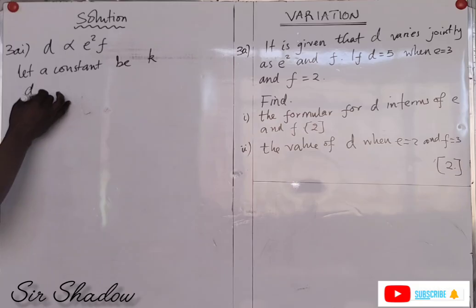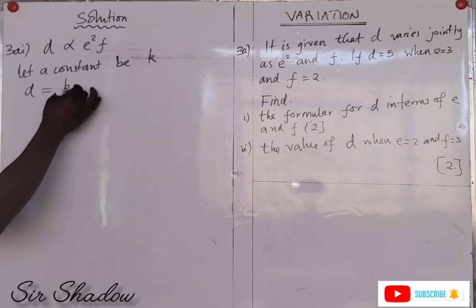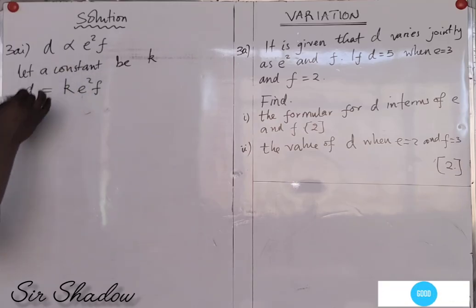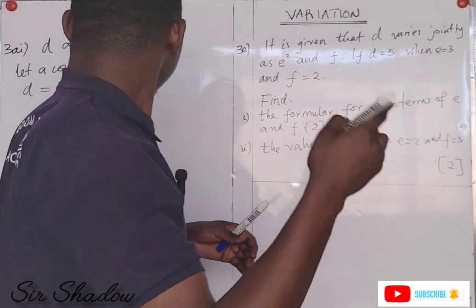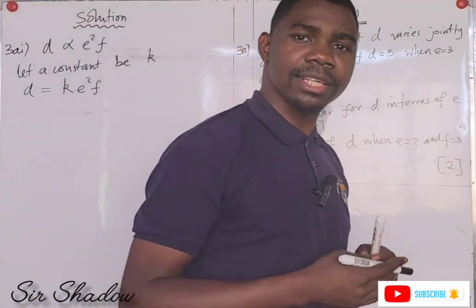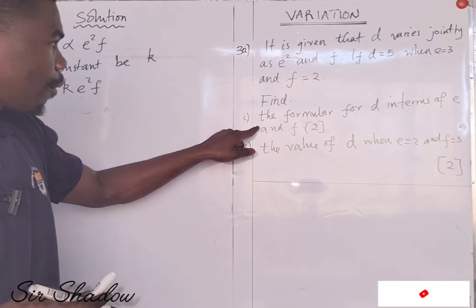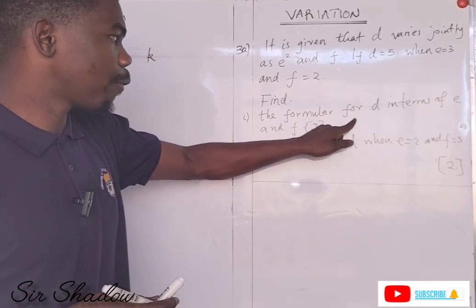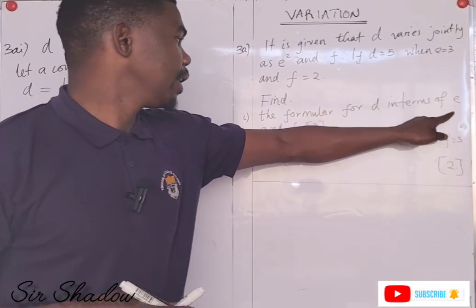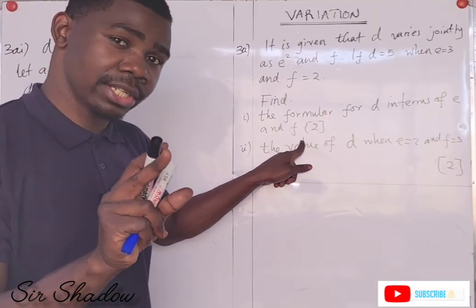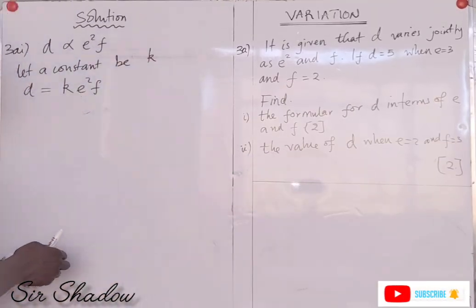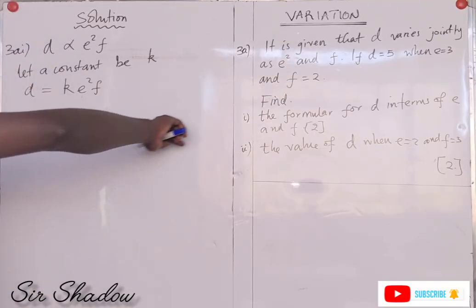It becomes D equals K E squared F. This is a formula connecting D, E, F, and a constant K. But remember, we want the formula for D in terms of E and F, so you don't want to see any constant here. So let's now find the constant using the given variables.